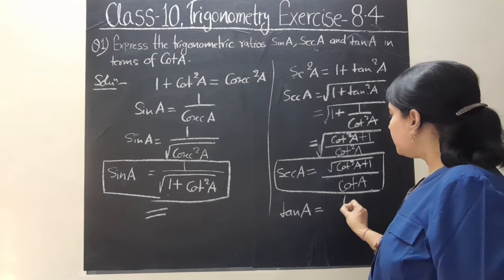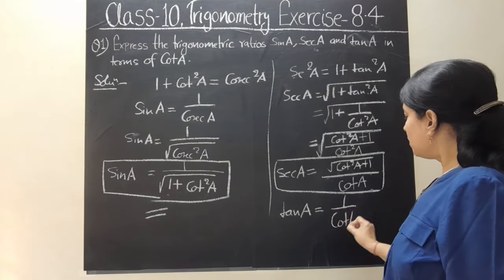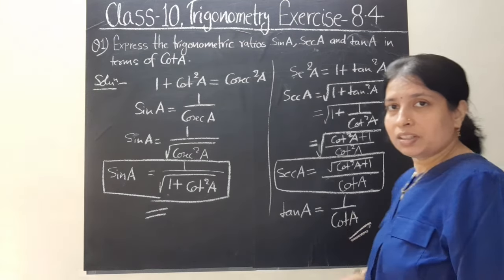All of you know that tan A is equal to 1 by cot A. So this is your third part.